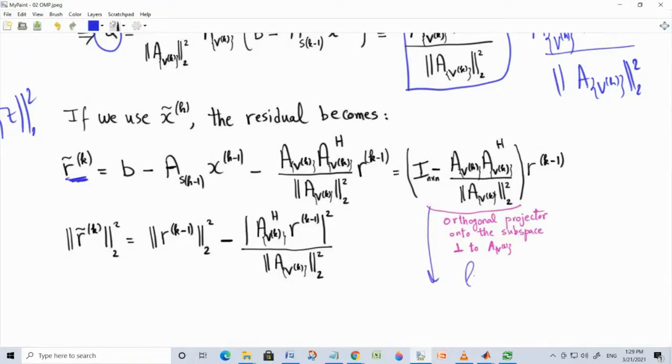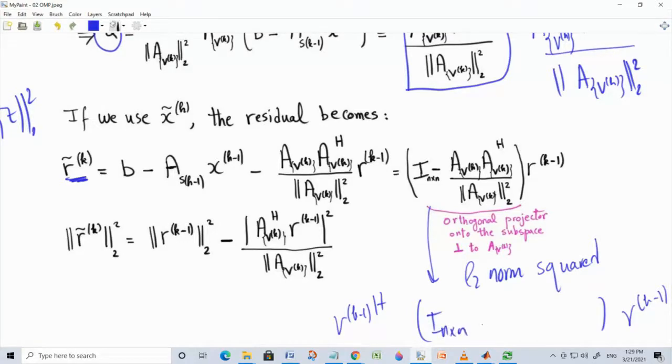It will be R_{k-1} Hermitian and then R_{k-1}. This is an orthogonal projection matrix, so it is Hermitian and idempotent. Its Hermitian multiplied by itself will give the matrix back. And so you will have something like this.